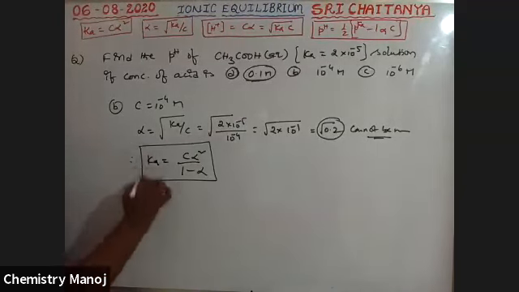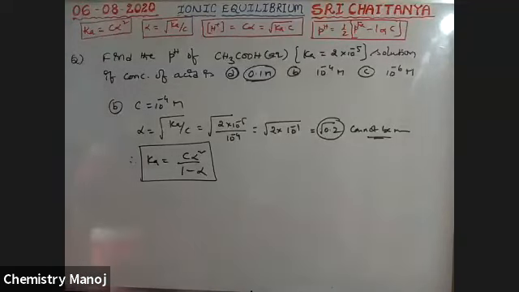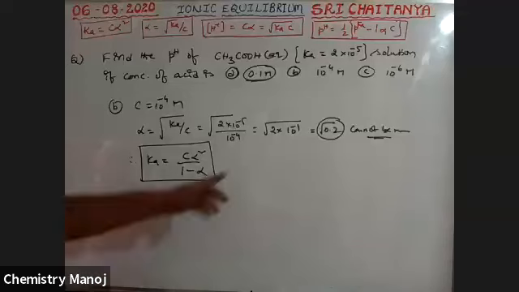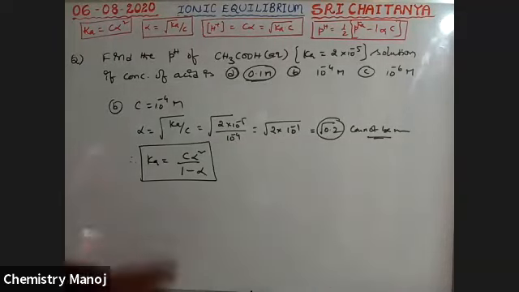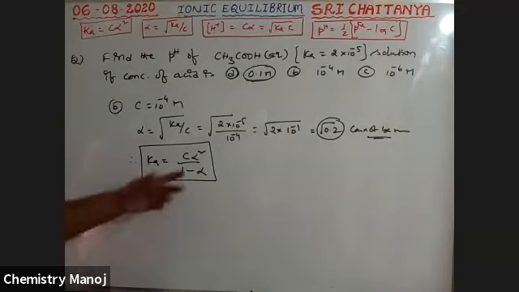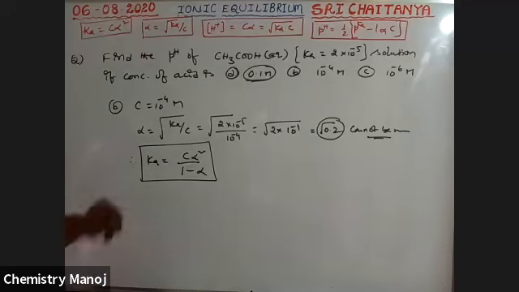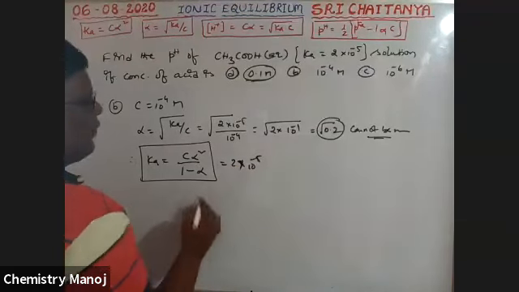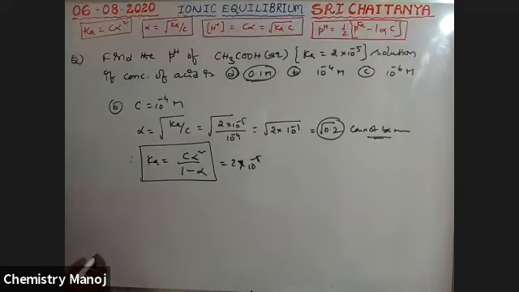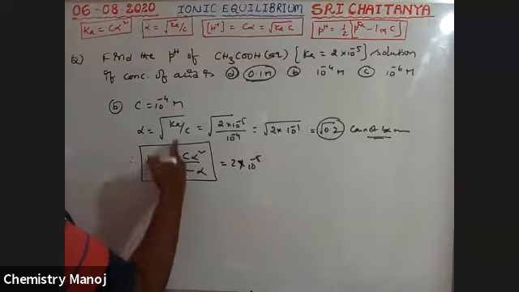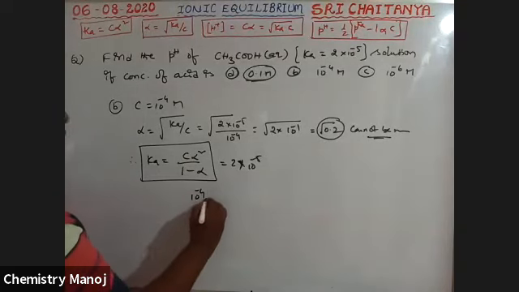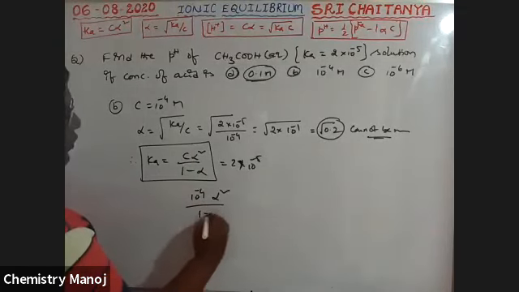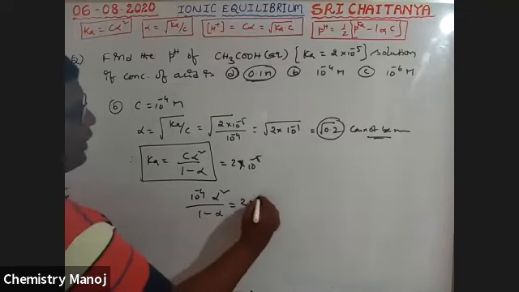Right? Ka is equal to C alpha square by 1 minus alpha should be used. So by using that alpha value, we should calculate the answer. First of all, the Ka value is equal to 2 into 10 power minus 5. From this alpha is calculated, C value is 10 power minus 4. Alpha square by 1 minus alpha is equal to 2 into 10 power minus 5.